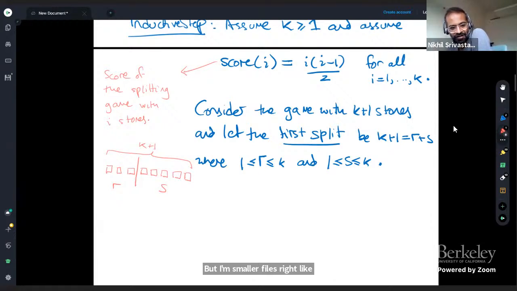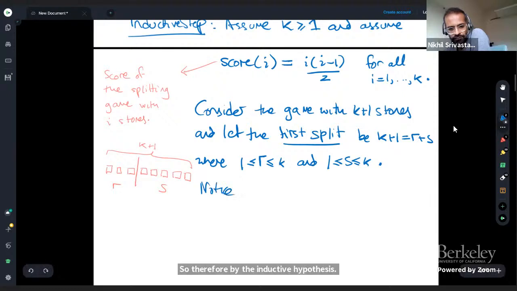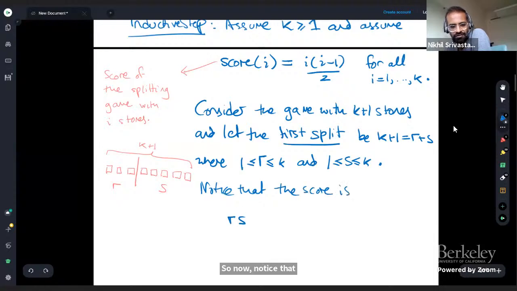The left-hand side is just another copy of the splitting game on r stones, and the right-hand side is a copy of the splitting game on s stones.